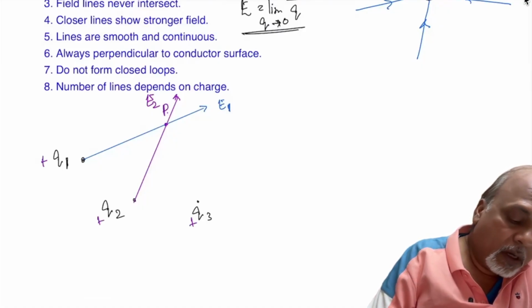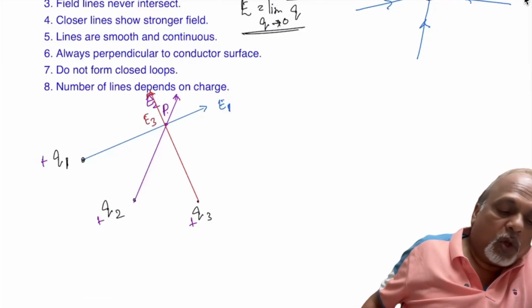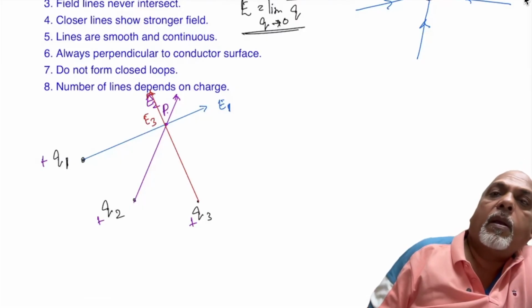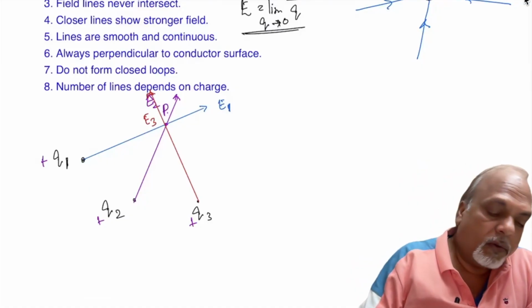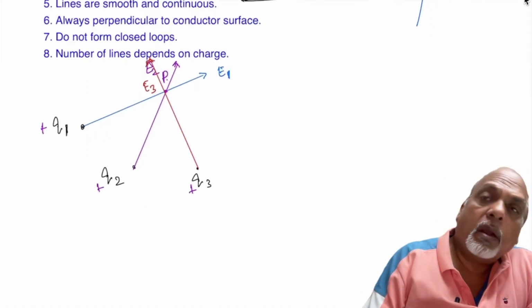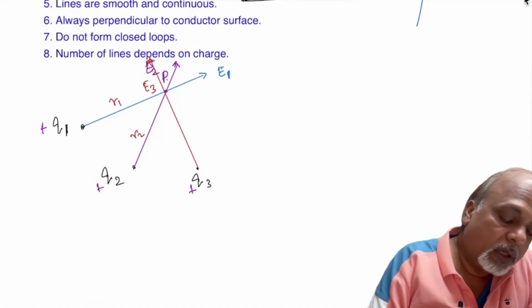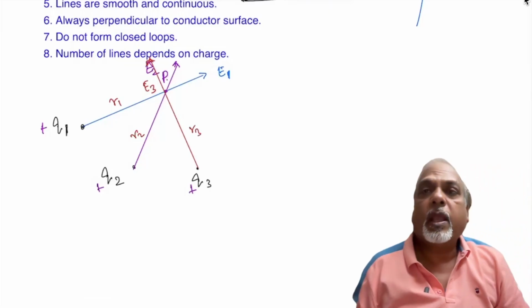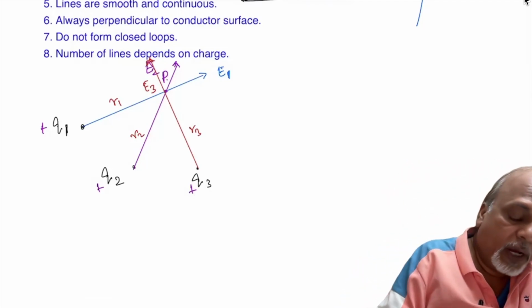And this is the electric field due to 3. So you have three electric fields E1, E2, E3 at this point. This is suppose R1, this is R2, this is R3. Correct. Then what will be the electric field at P?